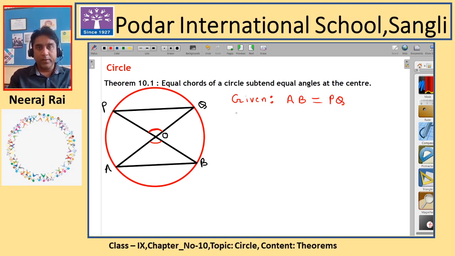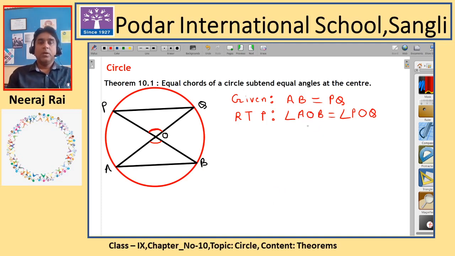Required to prove is angle AOB is equal to angle POQ. So that is what we are going to prove: angle AOB is equal to angle POQ.